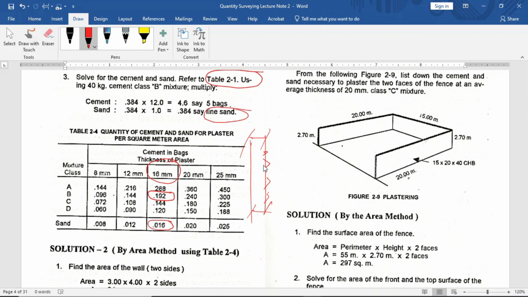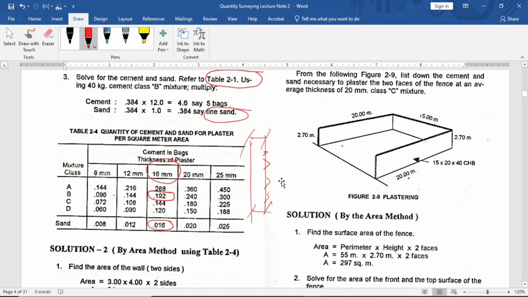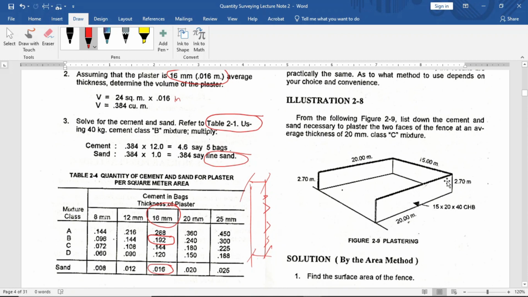Pag nagmo-mortar tayo, minsan may gravel, minsan wala. Pero kadalasan wala. Pero minsan mayroon para makatipid rin tayo sa mga materyales.